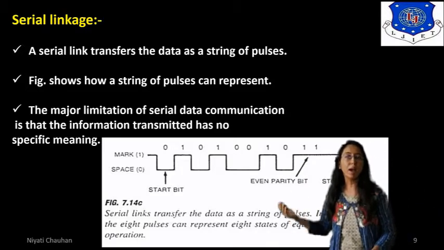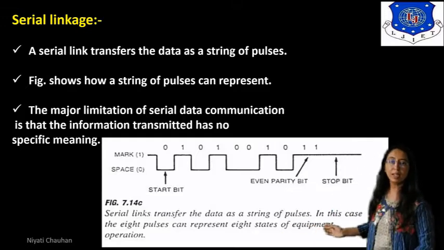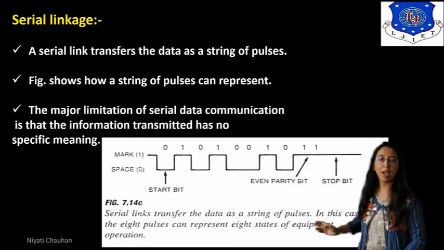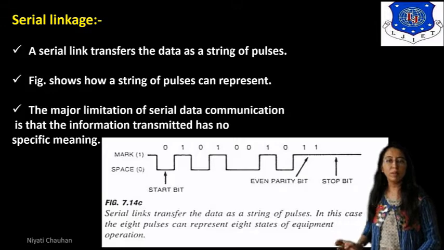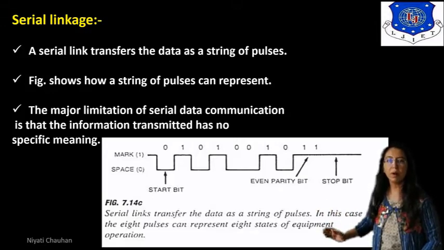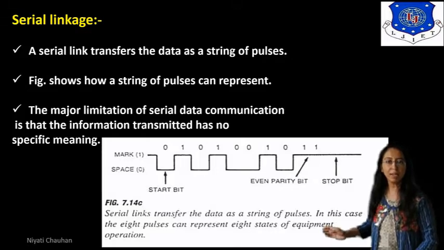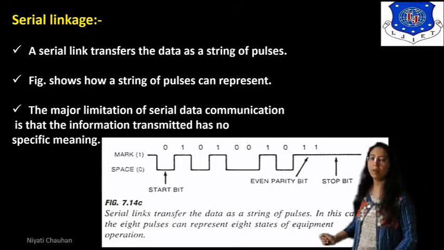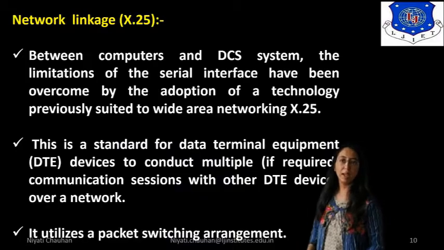This is a diagram for a serial link transferring the data as a sharing of pulses, and in this case the 8 pulses can represent 8 states of equipment operations.